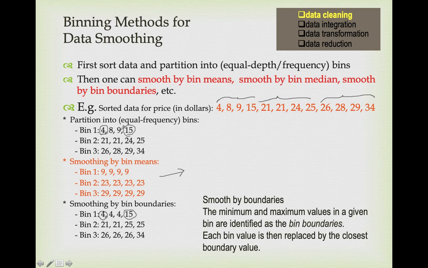So this type of value, as you can see, is more... 4 to 8 is just 4, 5, 6, 7, 8. Also we have 4, but 8 to 15 we have 8, 9, 10, 11, 12, 13, 14, 15.